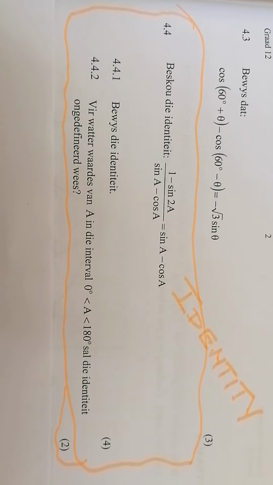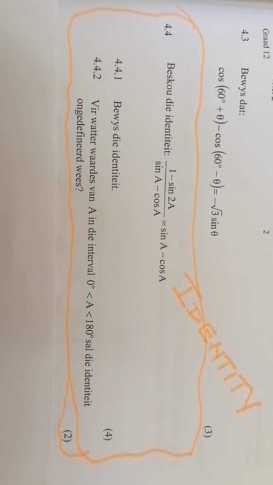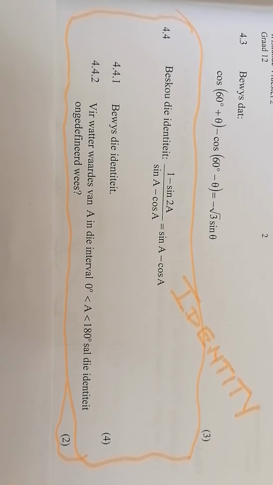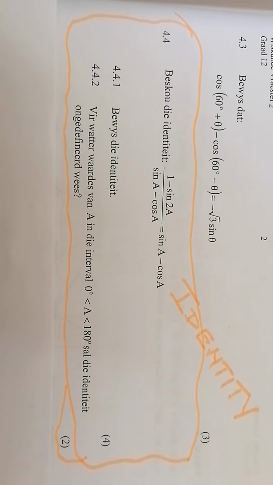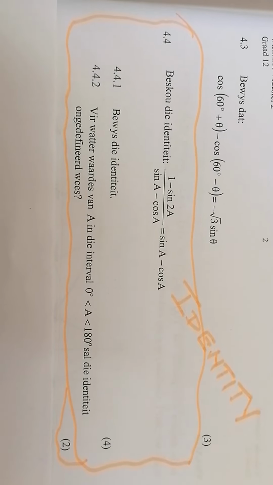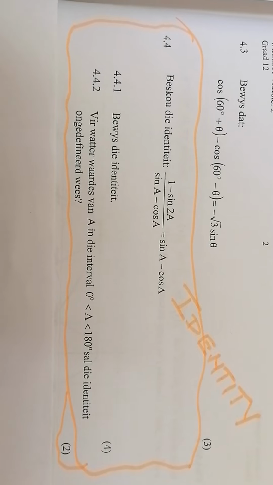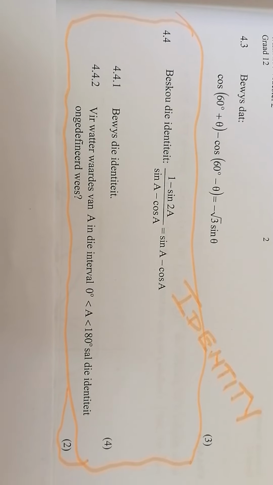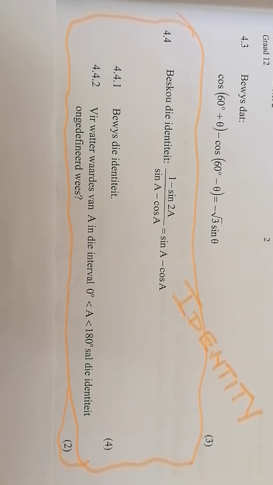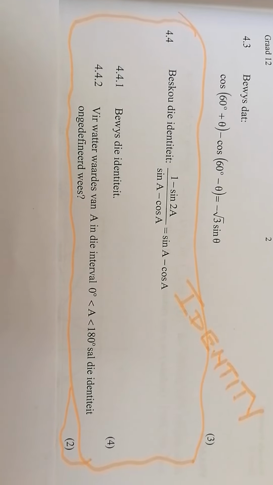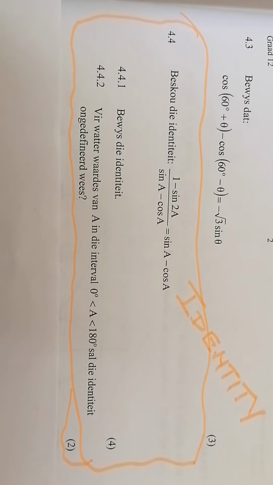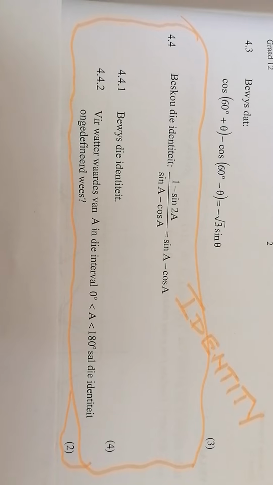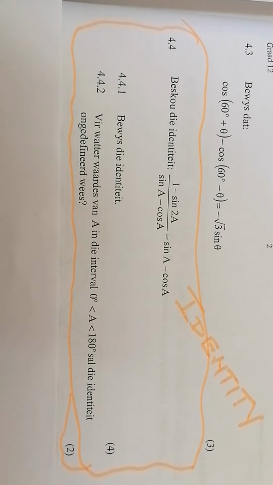As you can see, right now I'm going to focus on the identities, specifically grade 12 identities, which will have double angle identities. If you look at this question, it was 4 plus 2 marks, which is 6 marks.